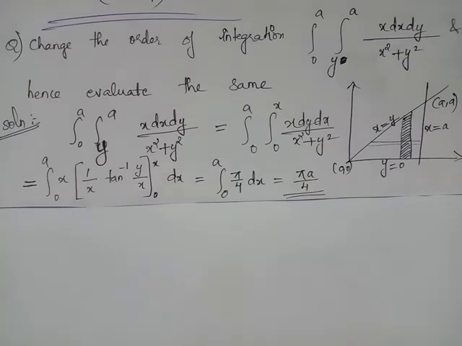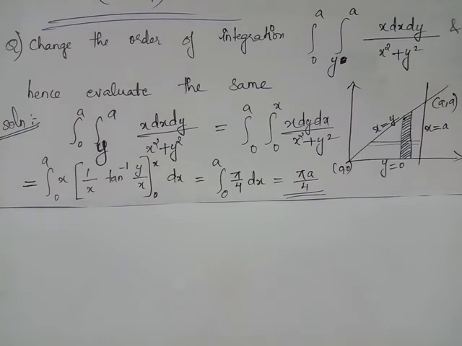Since we have integral dy upon a square plus y square equals 1 by a tan inverse y by a where a is a constant, here x is a constant when you perform integration with respect to y, so we will have integral 0 to x dy by x square plus y square giving the answer 1 by x tan inverse y by x, to which we will give the limits y equals 0 and y equals x.